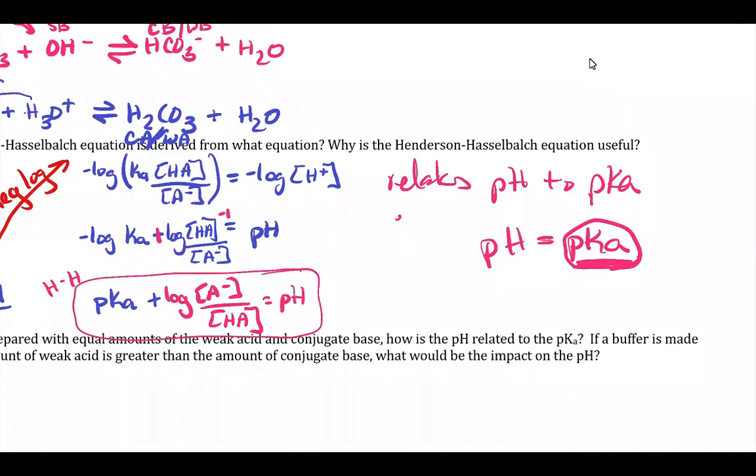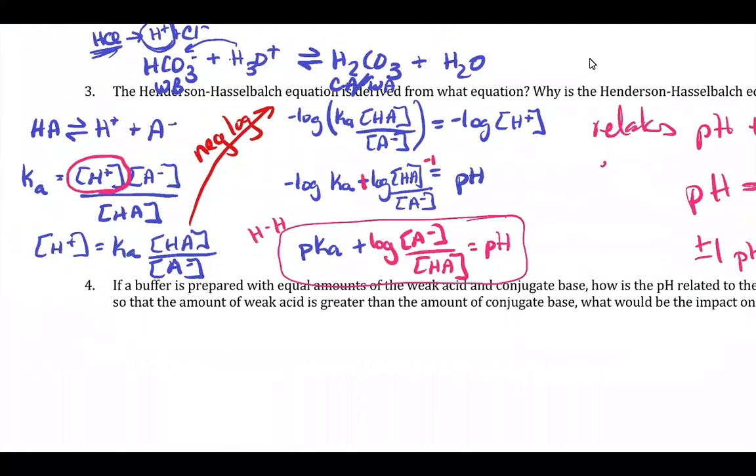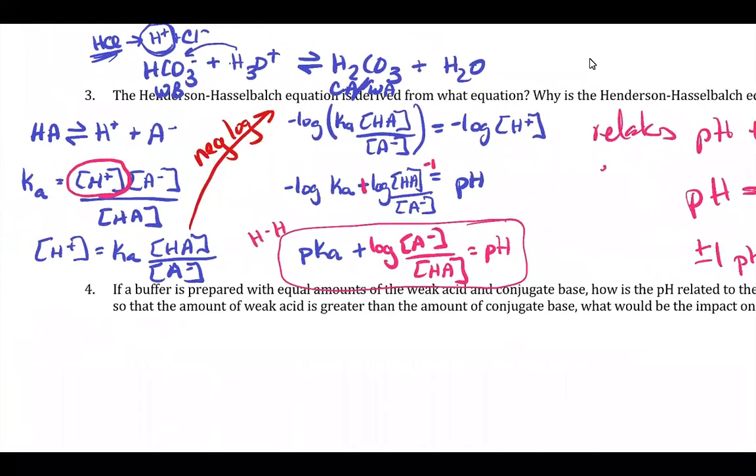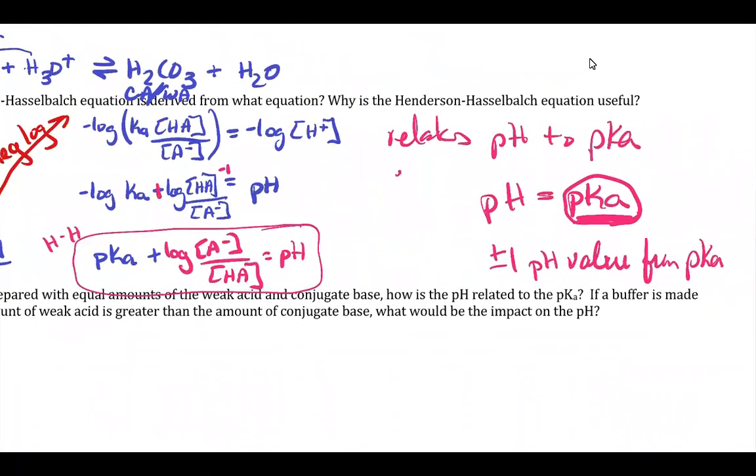Well, I need to get a different buffer because I need a different pKa, because a buffer is only good for plus or minus 1 pH value from the pKa. Each buffer has a unique pKa value because it has a unique dissociation constant. Therefore, you need to find the right buffer for the right system.